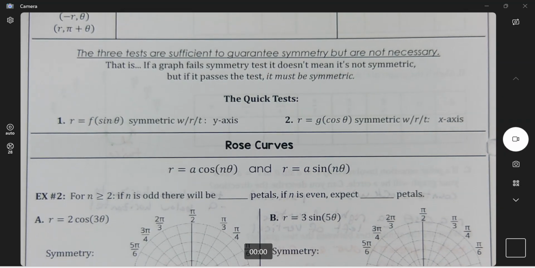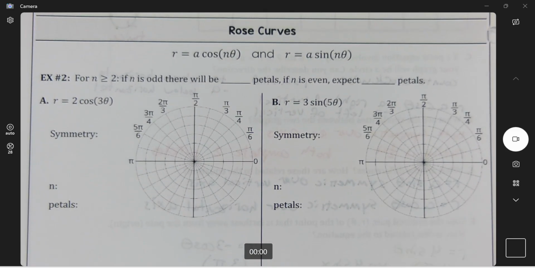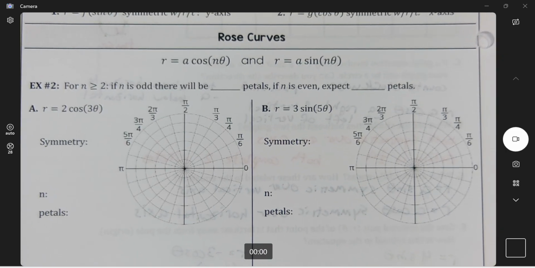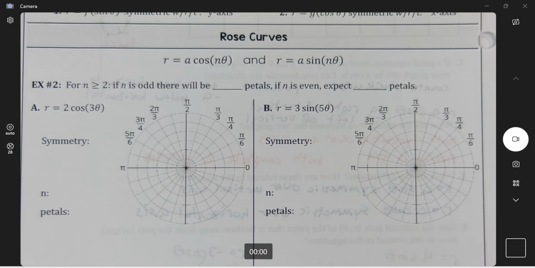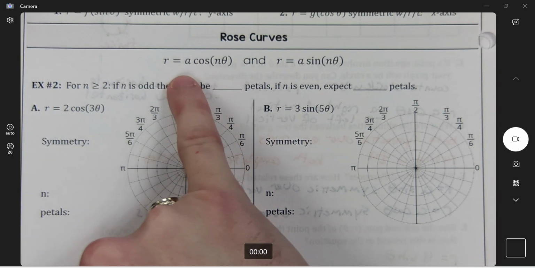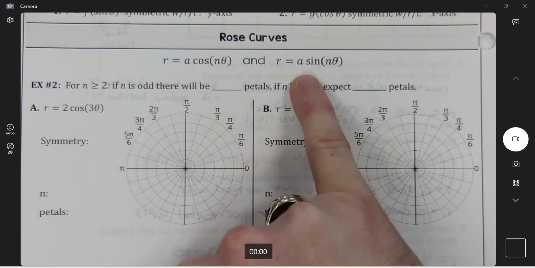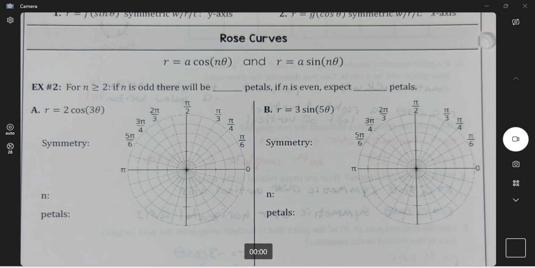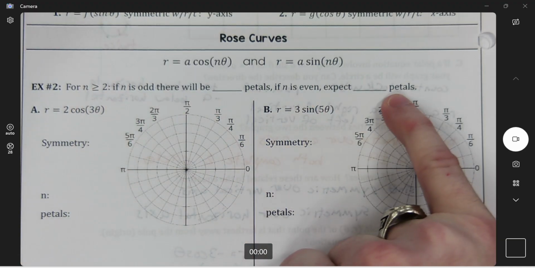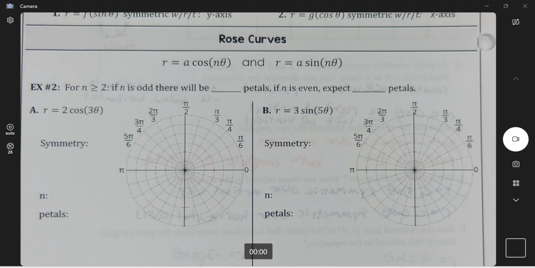So yesterday's parent shape was circles. Today's parent shape is rose curves. They're called rose curves because they look like flower petals. That's why they're named that. And we can see a cosine of n theta, a sine of n theta. Rather than filling out this rule for you, I would like for us to develop the rule ourselves.